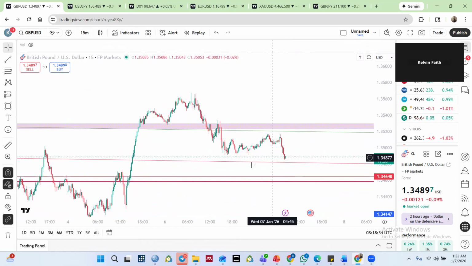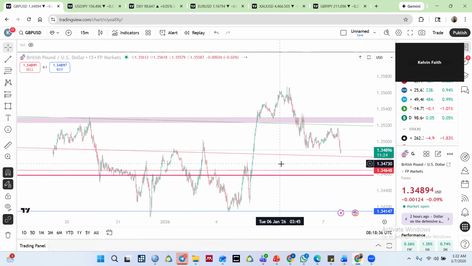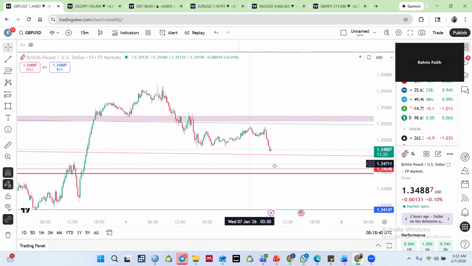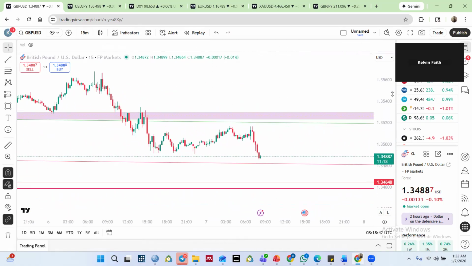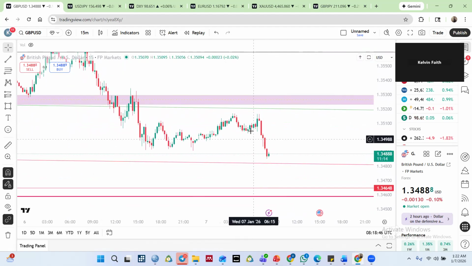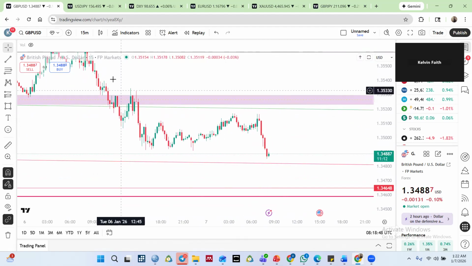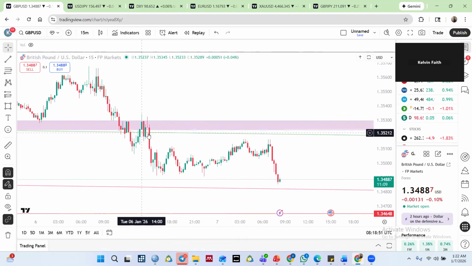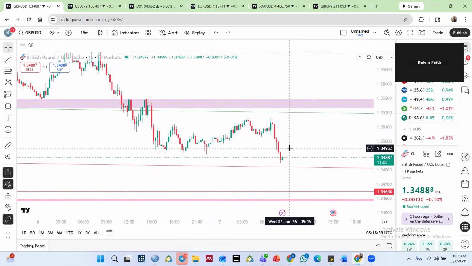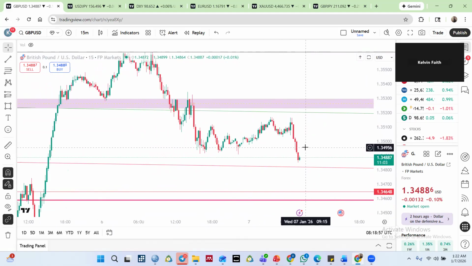But at the end of the day, we cannot be buying when we are seeing a bearish structure forming on the lower time frames. 15 minutes, 30 minutes, 1 hour are all looking bearish.